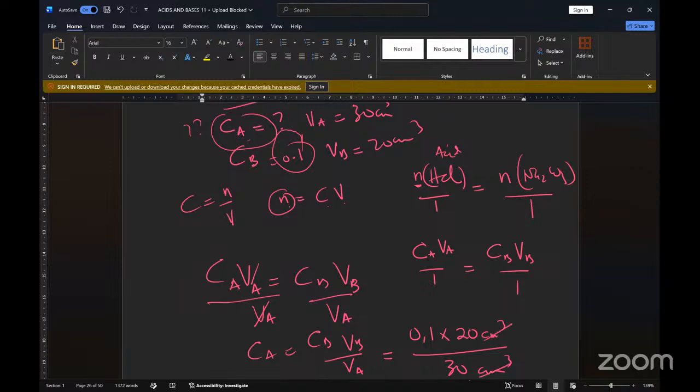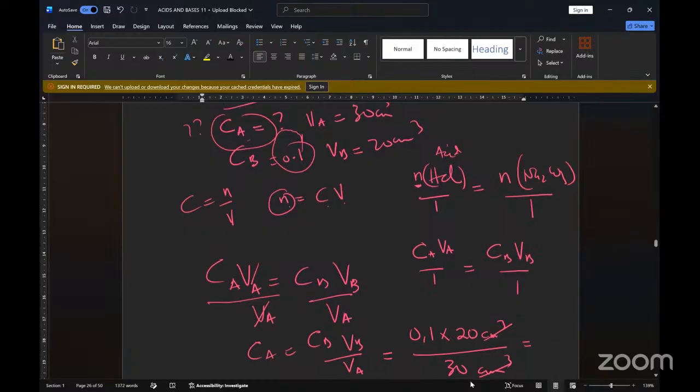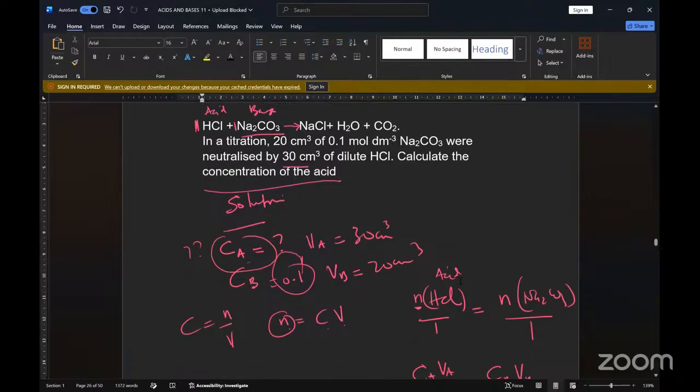For this type of question, there's no need to convert it to decimeter cube. It will be a waste of time because they will cancel each other. So this gives you 2 divided by 30, and that gives you 0.067 mole per decimeter cube. So this is how you answer this one.